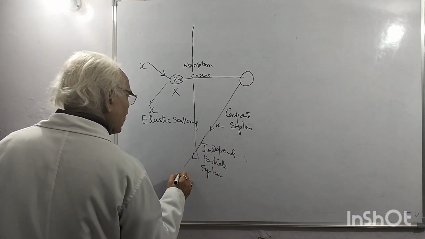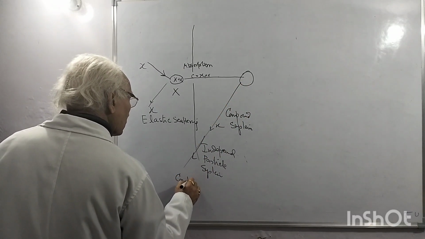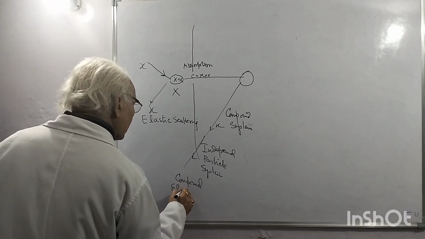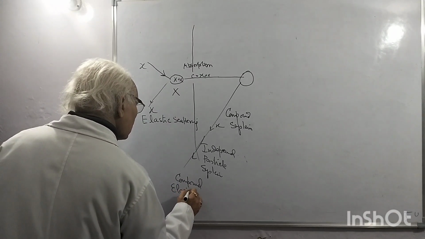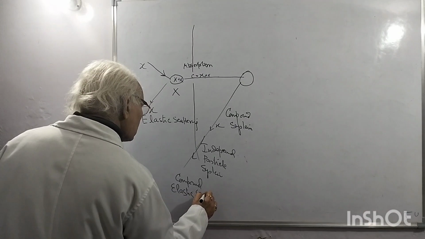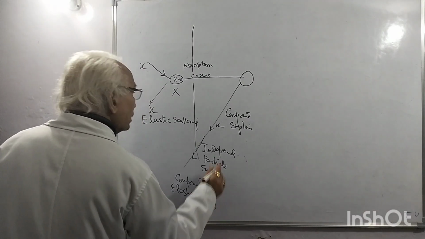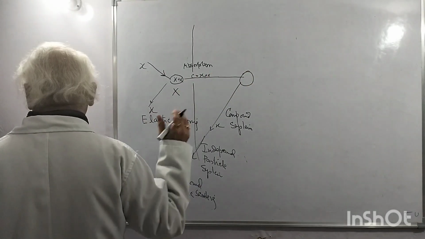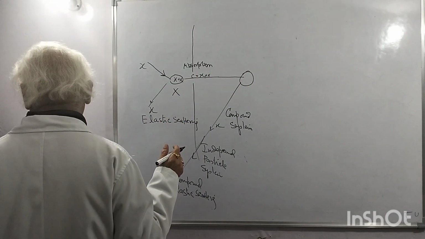This is compound elastic scattering. Means coming out in the same channel after formation of the compound nucleus, compound elastic scattering.